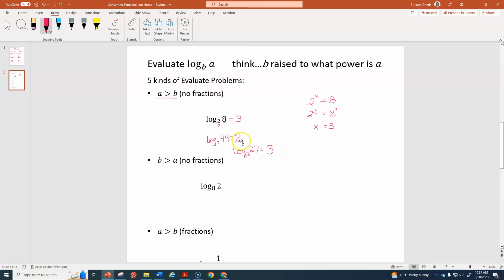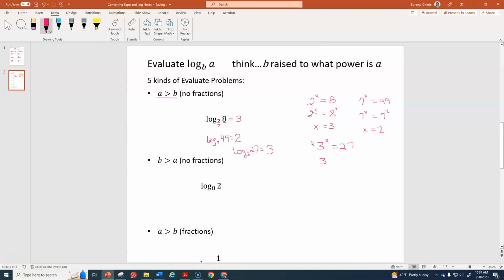This problem right here could also be done with change of base. So I could say 7 raised to what power equals 49, and then rewrite the 49 as 7 squared. Then you drop the 7s and you just end up with x equals 2. Same thing with this one right here. 3 raised to what power will give me 27.